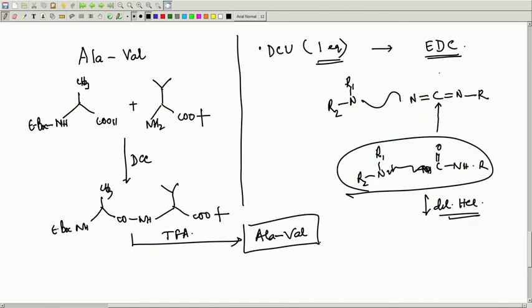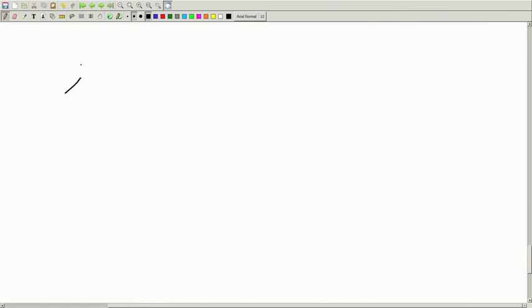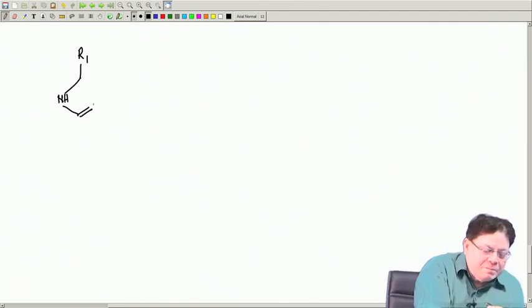Another problem that is more serious, and that is that DCC also can give rise to isomerization, that is racemization, exactly in the same way like your azolactone formation.